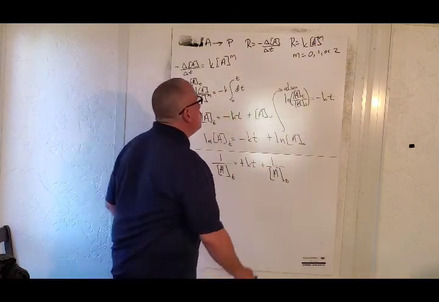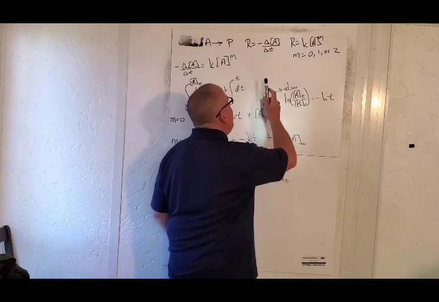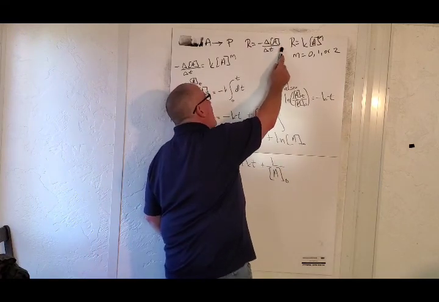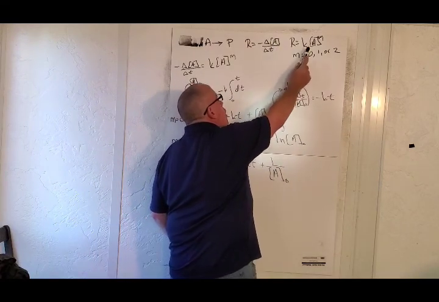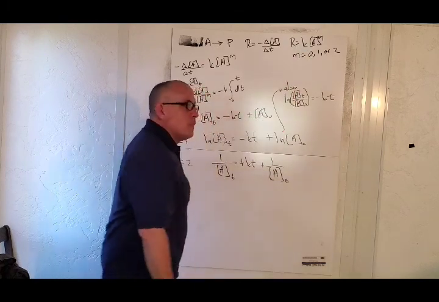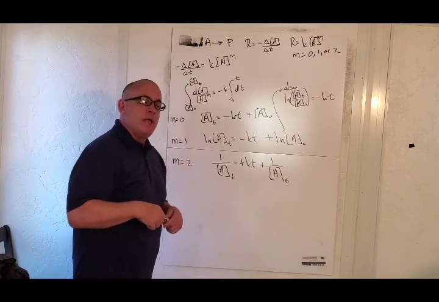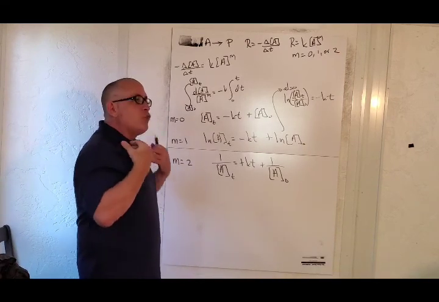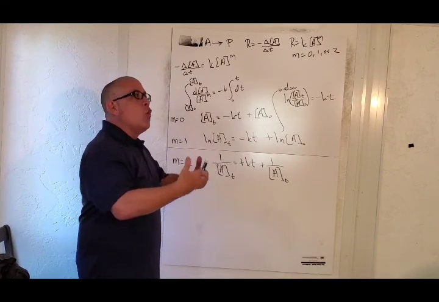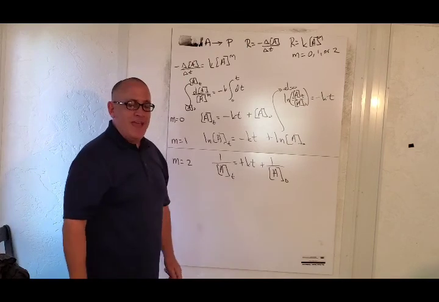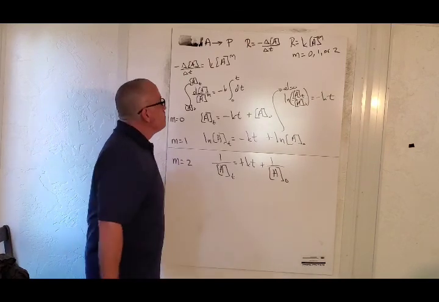What we want to do is relate the concentration over time. If we start the concentration at 1 molarity and run it for 100 minutes, what will the concentration be then? And we want an equation for that.